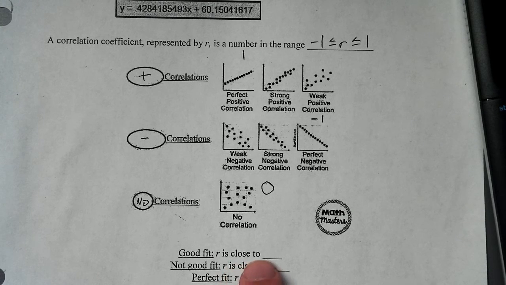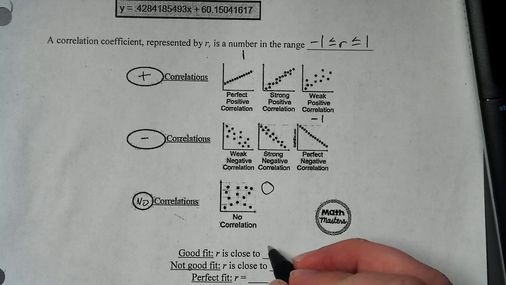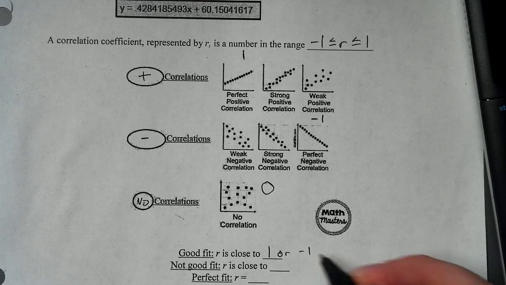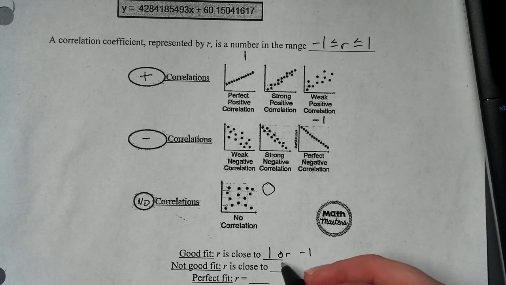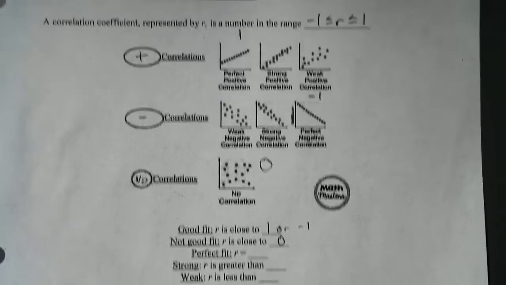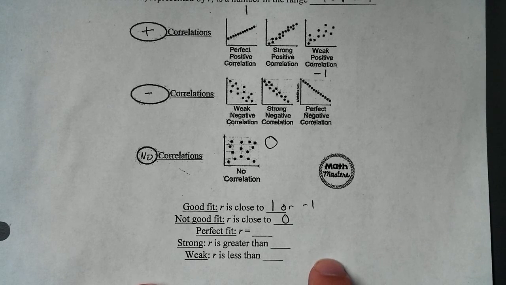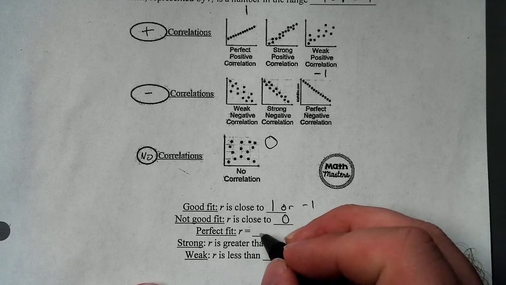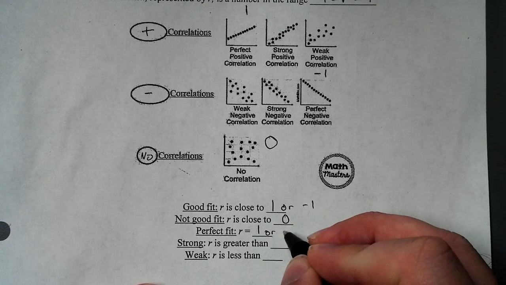Now, a good fit or a strong correlation is going to be close to either 1 or -1, depending on if it's positive or negative. If it's not a good fit, it's going to be really close to 0. So if it's like 0.1 or like -0.08, it's going to be really close to 0. A perfect fit is always going to be +1 or -1.